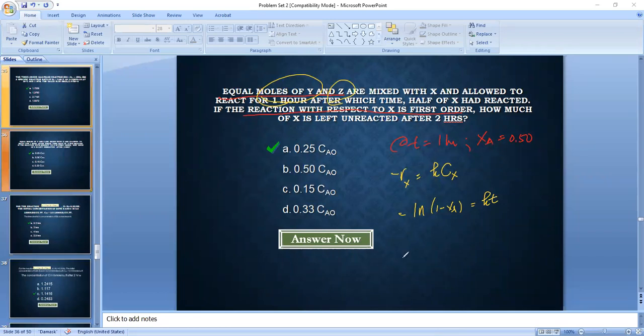Okay, so this is taken also from a reviewer. So if you have this, it says there that after 1 hour, you have 50% conversion. So you will have a corresponding K value here. Once you have the corresponding K value, you use that in the next condition.